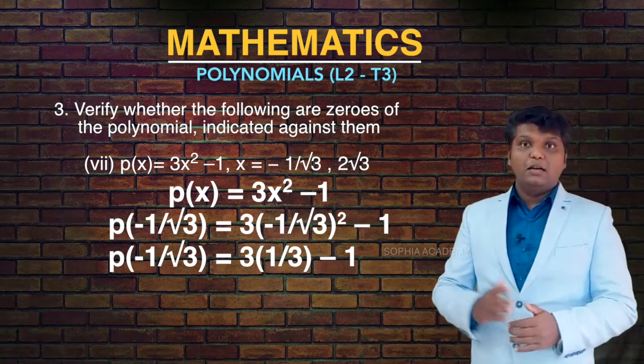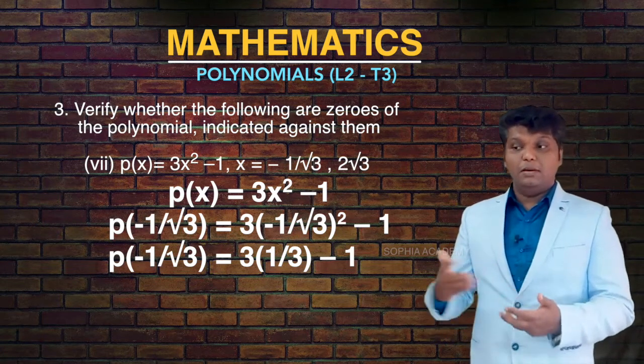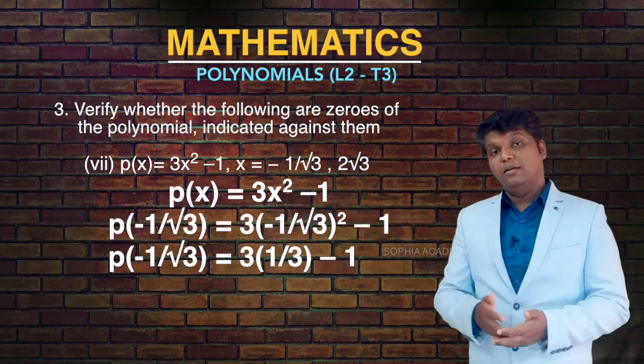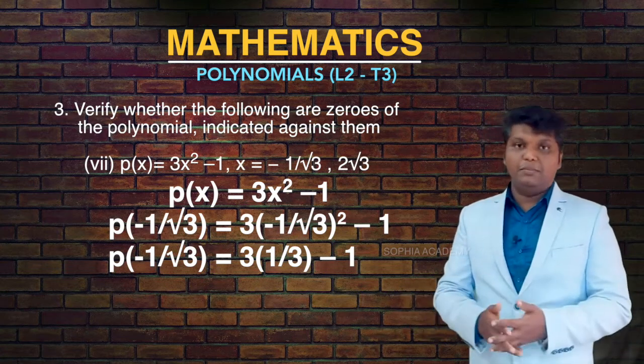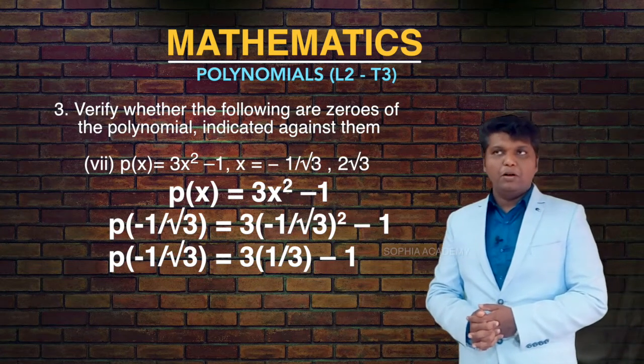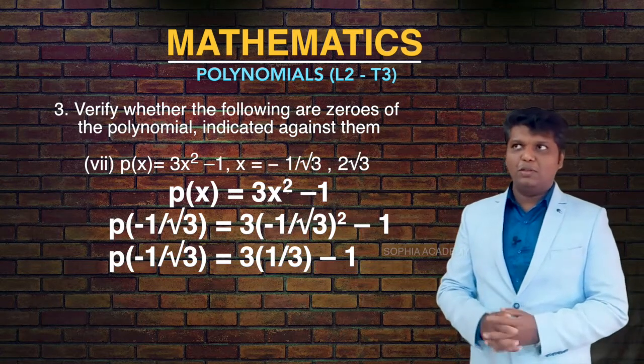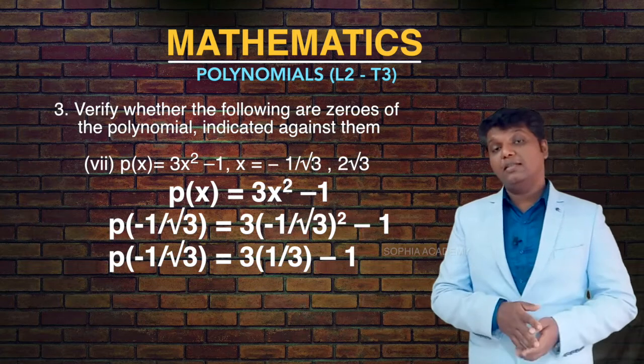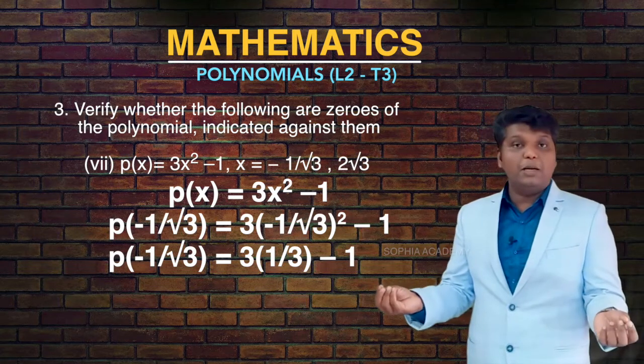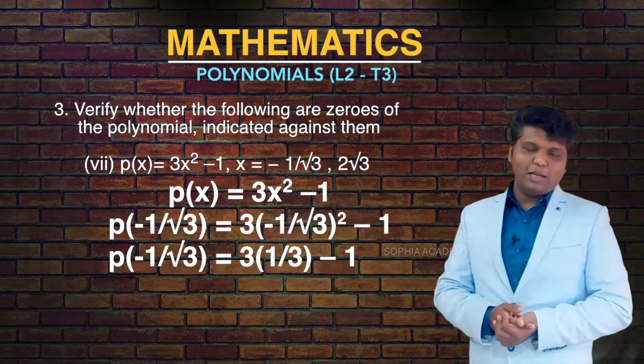There is no need to multiply the terms and then find the square root. You may be thinking what is wrong with that, because root 3 into root 3, we know 3 into 3 is 9, the square root of 9 is 3 itself. I will tell you what is the problem.